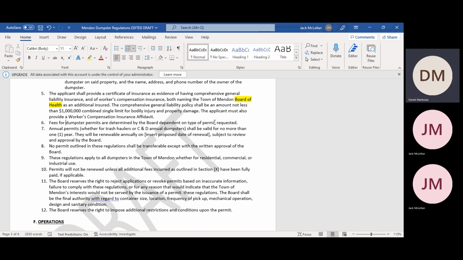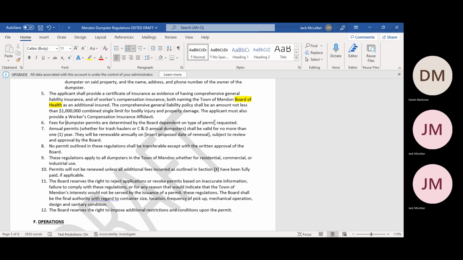And you could put language in there that basically tells them that whenever somebody gets a permit in a residential district, it's the hauler's responsibility to inform you of that and what the time frame is. But yes, this regulation does require them to tell you where they're going to be servicing.